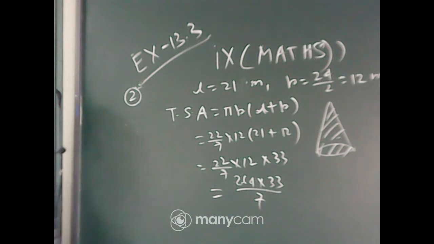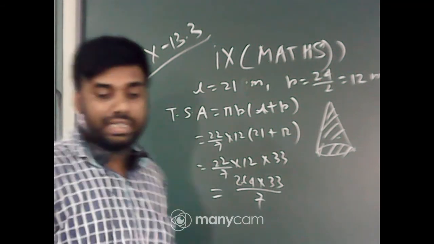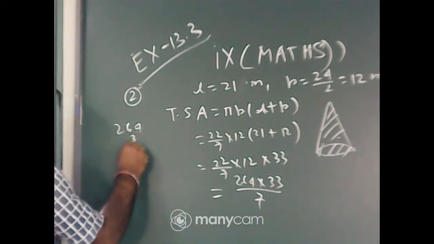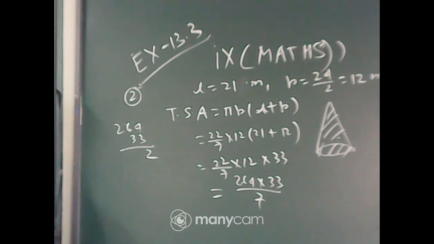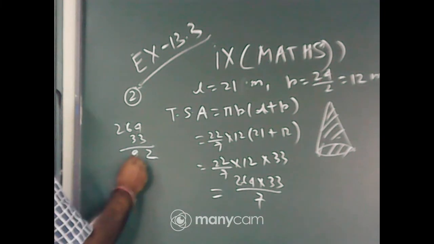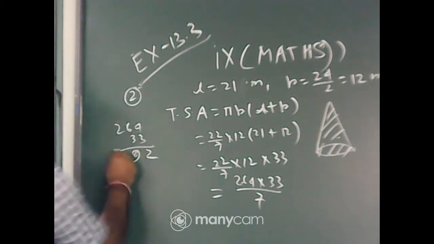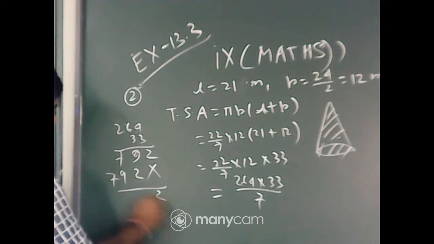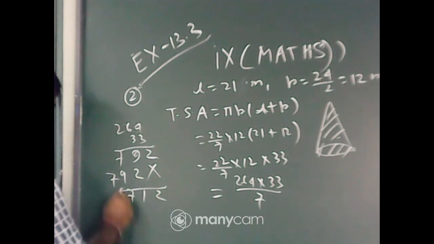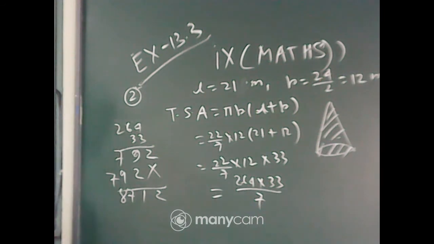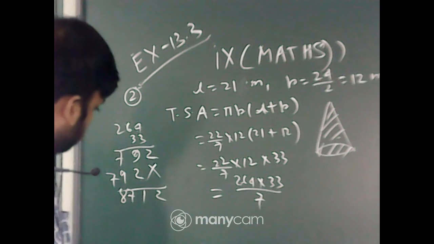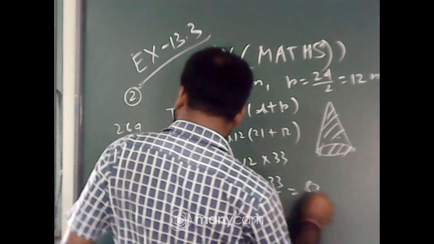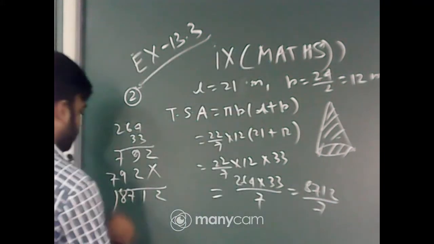Now 264 into 33, calculate it yourself. 264 into 3... 8712 by 7. Now divide it.